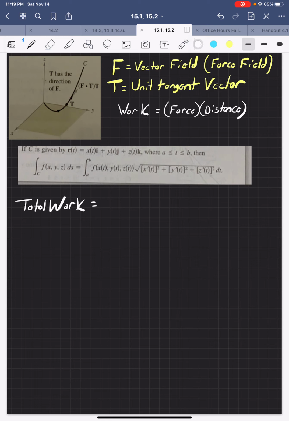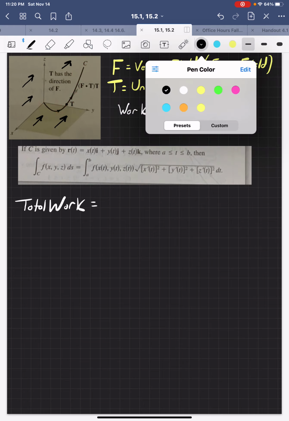So what you have to imagine is that if you're in a force field, you have all of these forces being applied, but we only care about this particular path, because we have this object moving through a force field, but on this particular path.